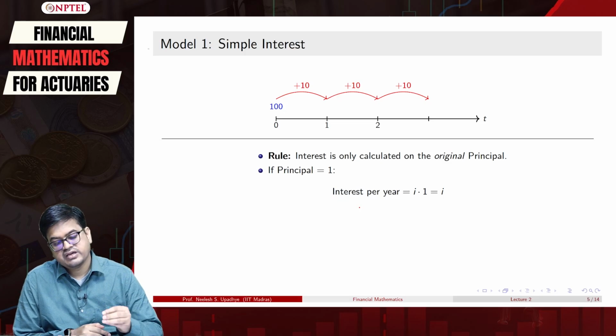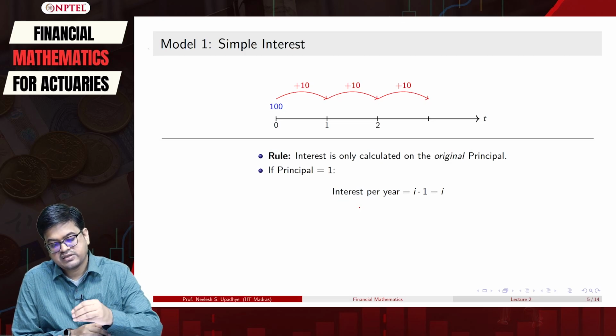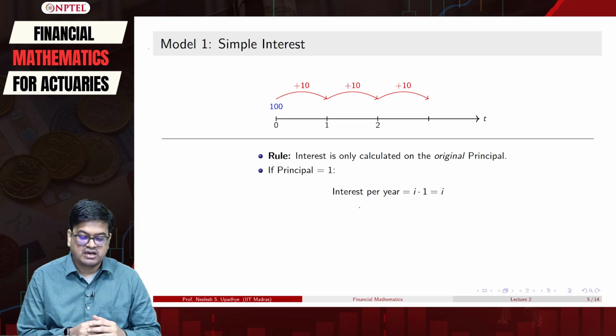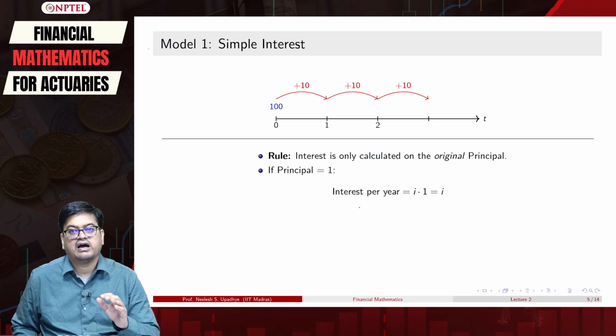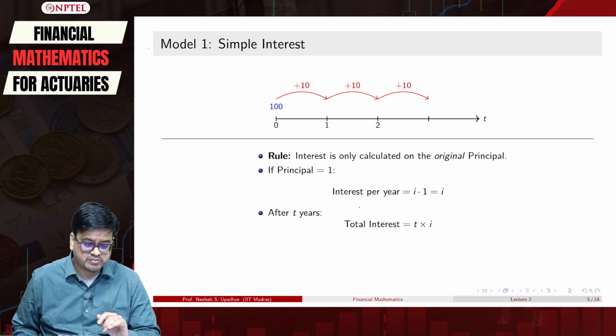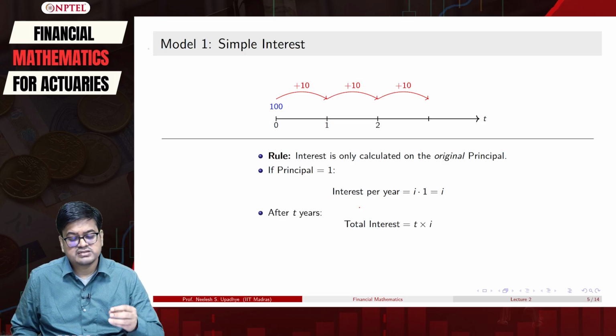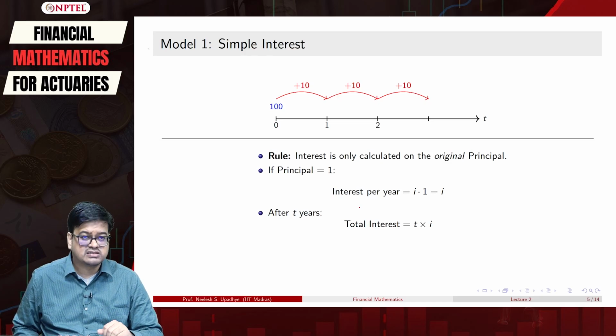So you are getting 10 rupees, 10 rupees, 10 rupees every year. However, the interest that you are earning will remain idle, because you are choosing a simple interest model. After t years, the amount that you will earn will be t times i, as we have seen in the last class as well, right?